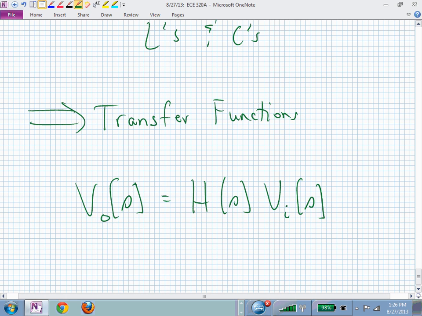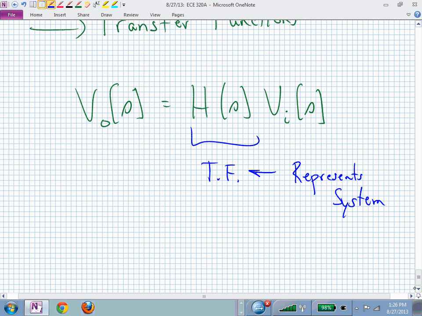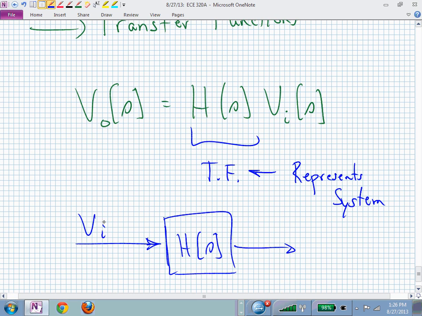So maybe this is our output voltage V sub O. We have an input voltage V sub I, and this transfer function represents our system. And now, pictorially, we can think of replacing this complicated circuit with just a block diagram that's maybe easier to think about.